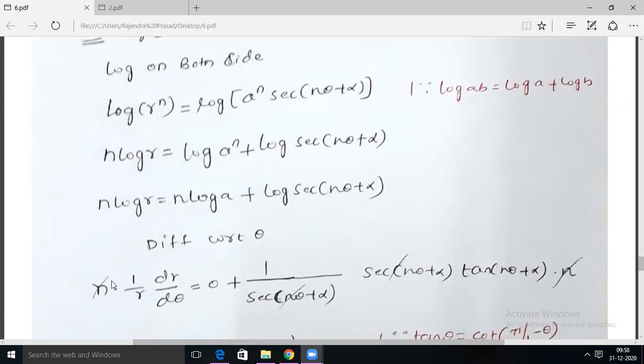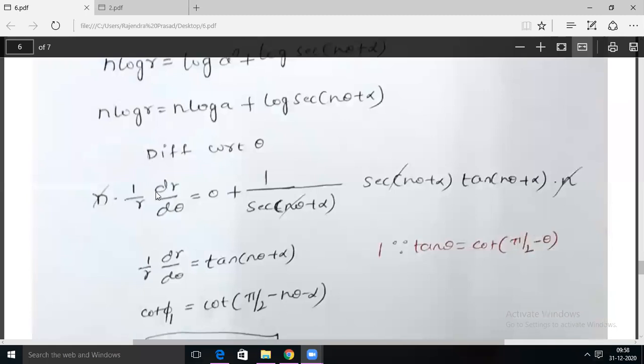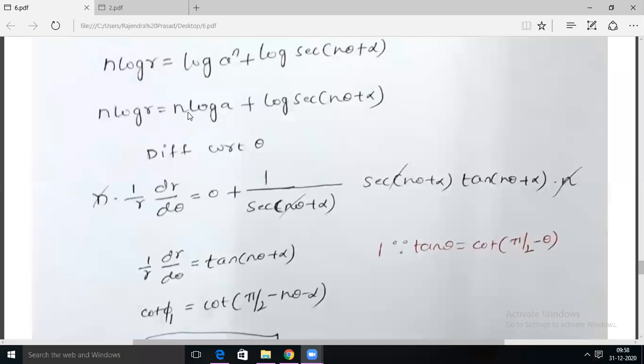n is constant, keep as it is. Differentiating log r gives (1/r) dr/dθ, equal to n into log a, which is constant, so its differentiation is 0, plus log of sec(nθ + α). The differentiation of log sec(nθ + α) is 1 upon sec(nθ + α), into the differentiation of secant, which is sec into tan, so sec(nθ + α) tan(nθ + α), into the differentiation of nθ + α with respect to theta.